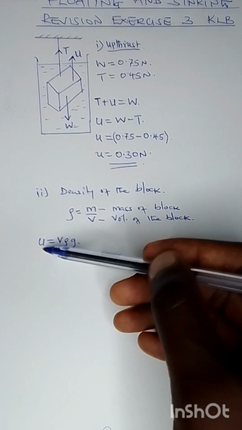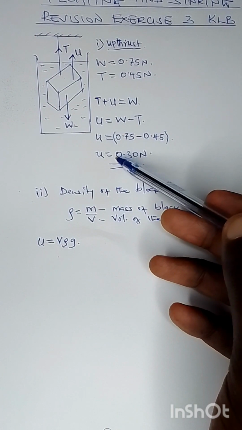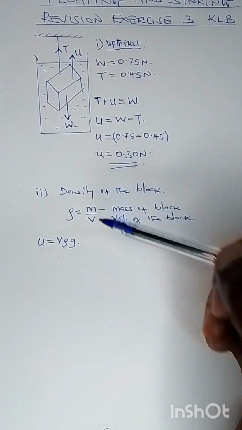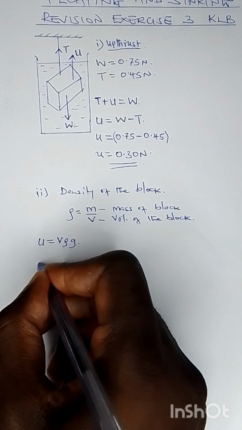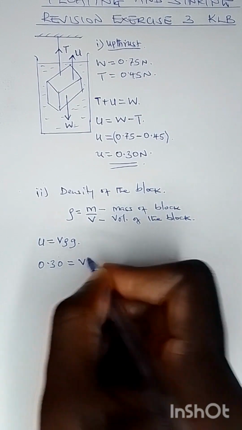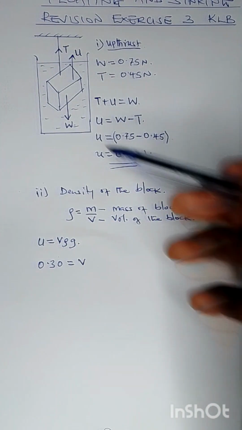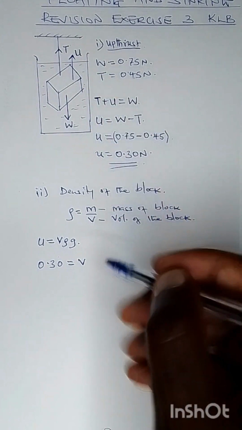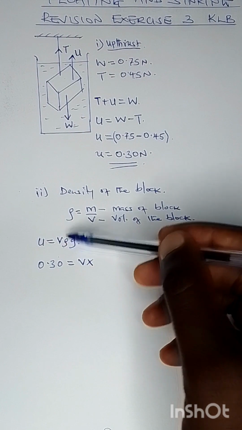But then our upthrust, we had calculated above here, so we take it here and we substitute. During substitution, we'll have 0.30 is equal to V. This is the volume we are looking for, which is the same as the volume of the block, and is also the volume of the liquid displaced. I multiply by the density of the liquid, which is water.